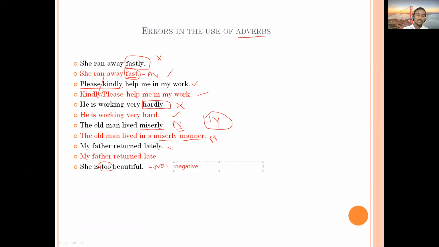So too beautiful indicates something negative about being beautiful. So instead of too, what can we use? She is beautiful, but with one adverb instead of too. Which other adverb can we use? Very. She is very beautiful.